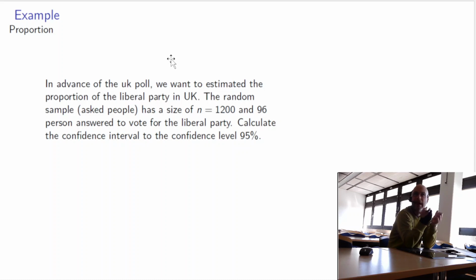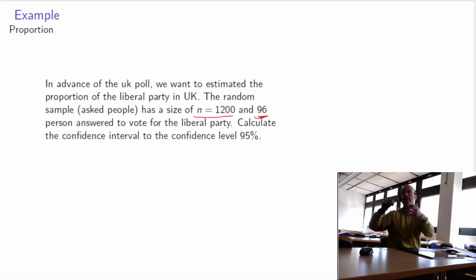But anyway, we have this party there, and we say that we make a random sample, asking 1,200 people, and 96 of these people say that on Sunday they will vote for the Liberal Party.